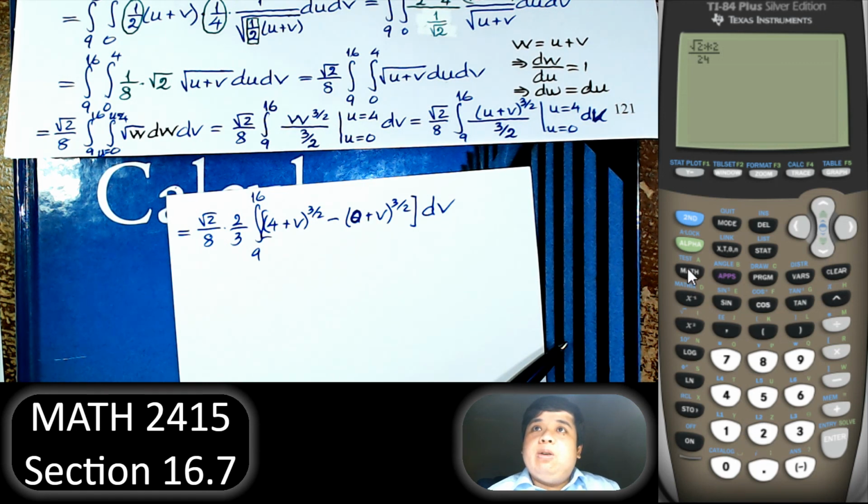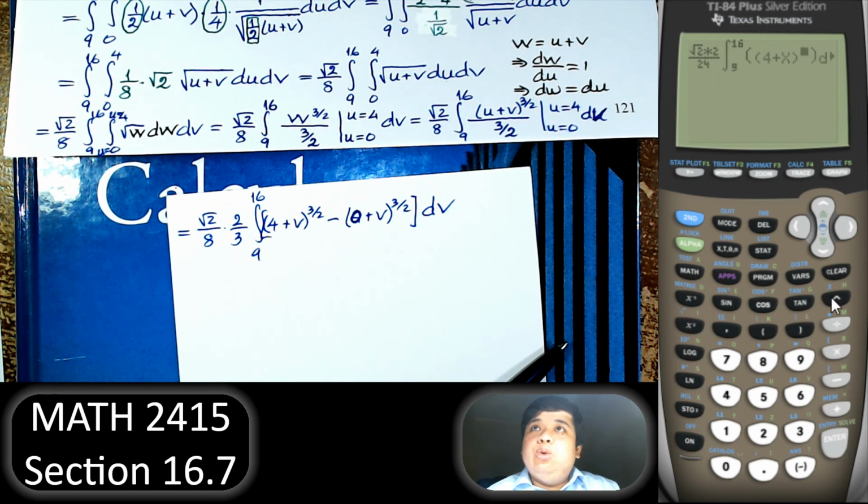And then we have an integral from 9 to 16 of (4 plus x) to the 3/2 minus x to the 3/2.